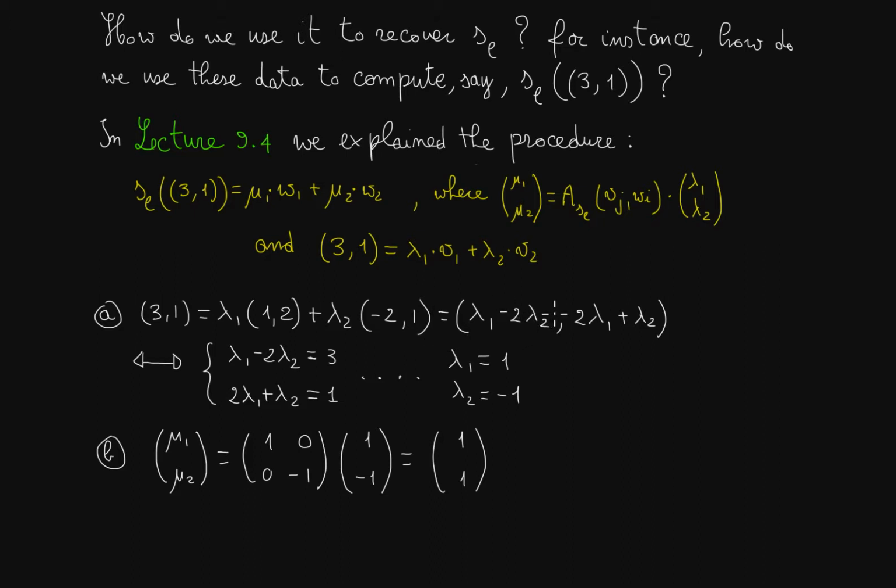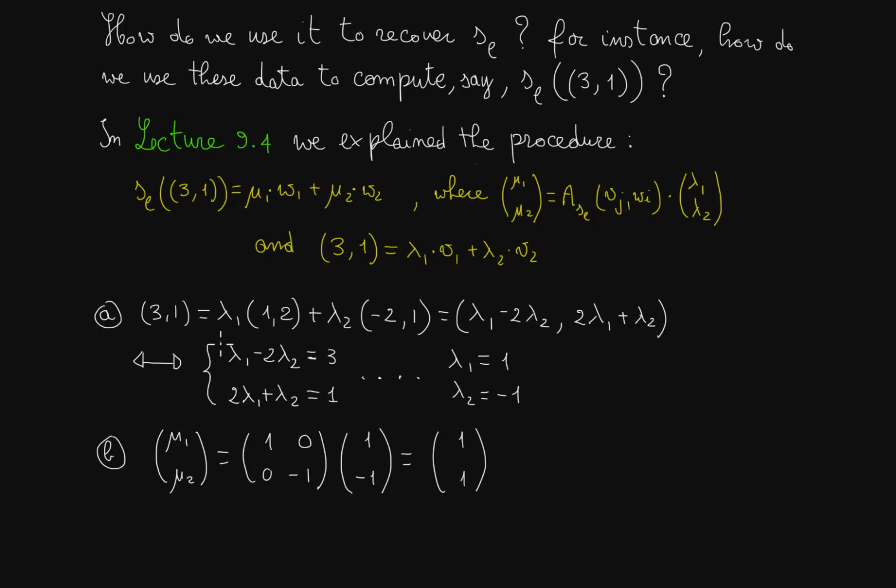The equality of these two two-dimensional vectors, namely (3, 1) and the vector on the right-hand side, occurs when the coefficients of the first vector and the second vector coincide simultaneously. And this is the same as saying that the equality of 3 with this coefficient must happen at the same time as the equality of 1 with the second coefficient.